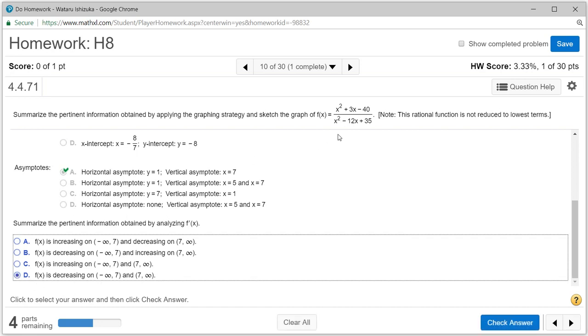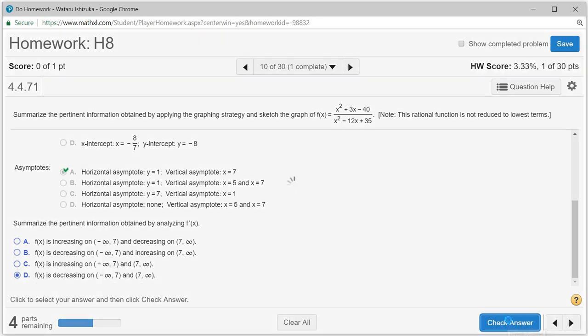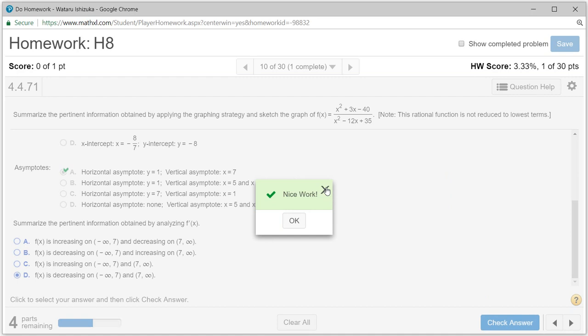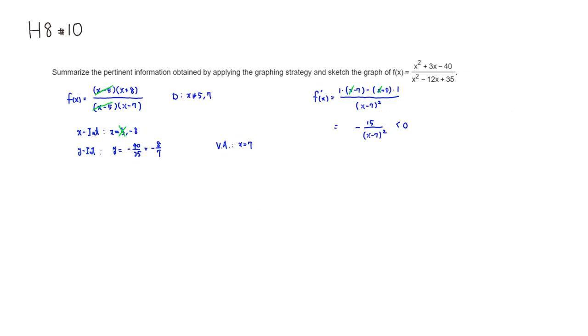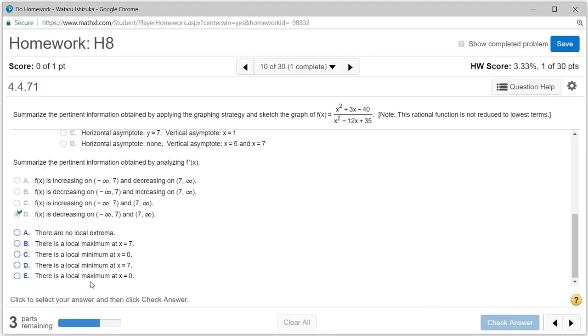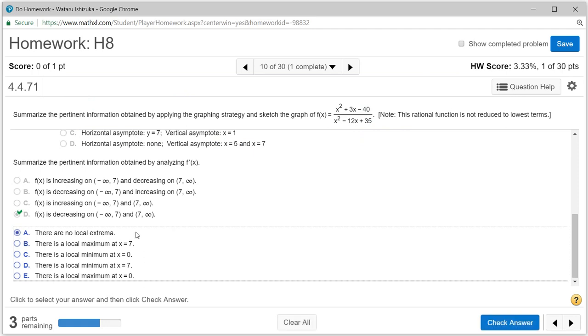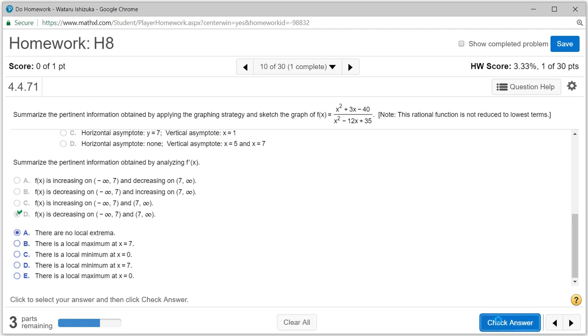They should really eliminate the 5 too, but I'm just going to go with this one. I think the system is a little bit incorrect. And there's no local extrema, since it's always decreasing. So A is the right answer. Check the answer. We got that.